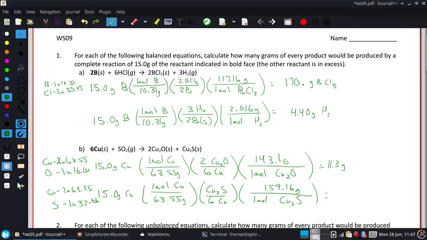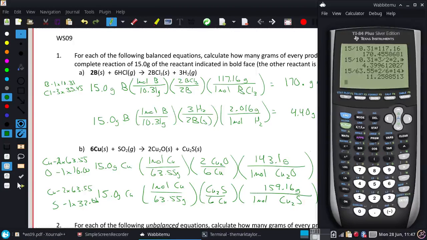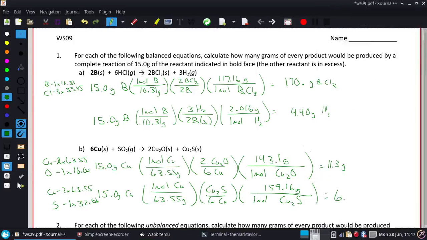And our other one, 15 divided by 63.55 times 1 divided by 6 times 159.16. And we get 6.27 grams.